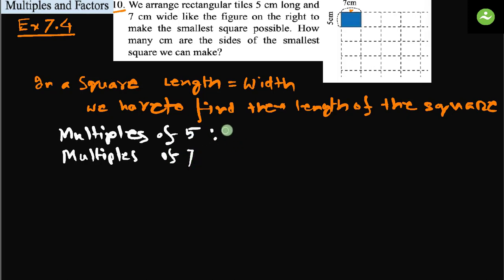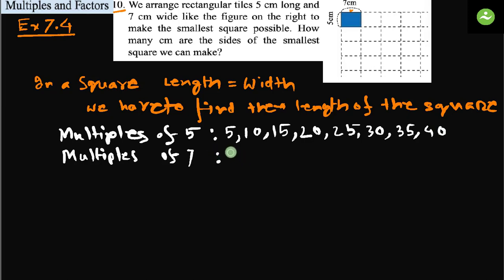What are the multiples of 5? 5 into 1, 5, 5 into 2, 10, 5 into 3, 15, 5 into 4, 20, 5 into 5, 25, 5 into 6, 30, 5 into 7, 35, 5 into 8, 40.